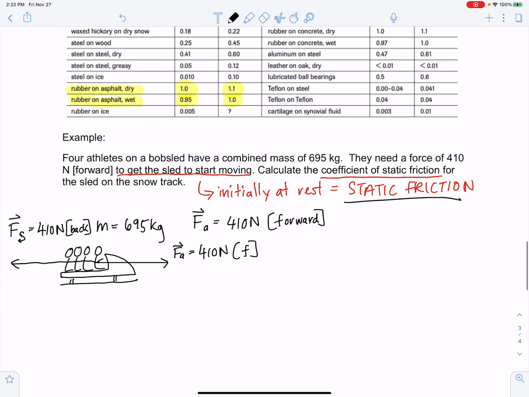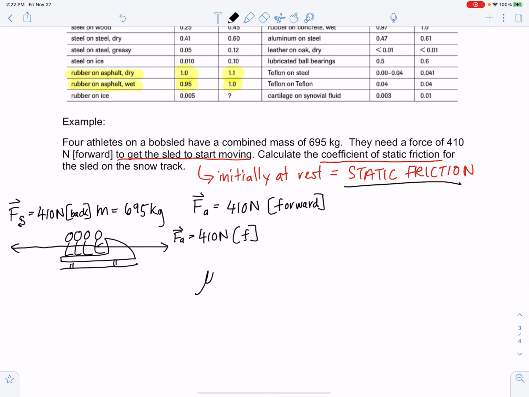Okay. Our job is to find the coefficient of static friction, which is equal to the force of static friction divided by the normal force. Now, remember, the normal force is equal to the force of gravity, and the force of gravity is equal to mg.